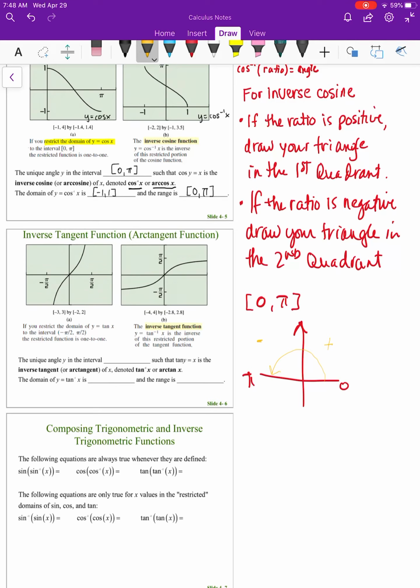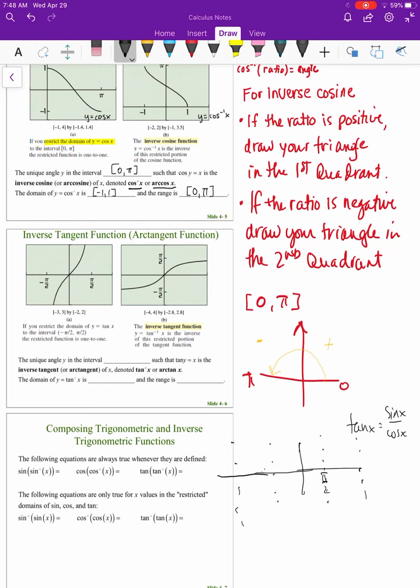For the tangent function, I don't know if you remember what tangent looks like, but since tangent x is the sine of x over the cosine of x, wherever the cosine is 0, there's a vertical asymptote.